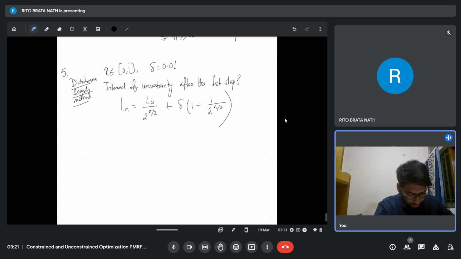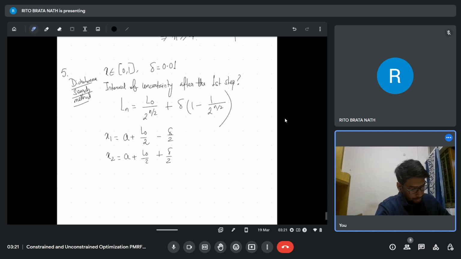That's the length of the interval. And x1 equals a plus L naught by 2 minus delta by 2, x2 is a plus L naught by 2 plus delta by 2.